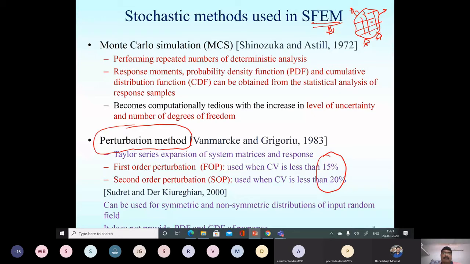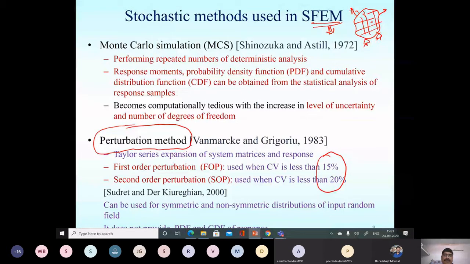The issue with this is that it cannot generate the probability density, meaning the full probabilistic characteristic of the response cannot be evaluated using this technique. When CV is higher, this method also fails, and you won't be able to get higher order moments.